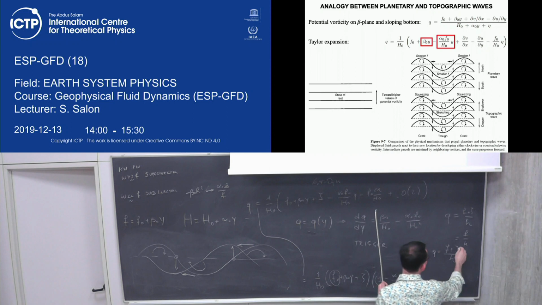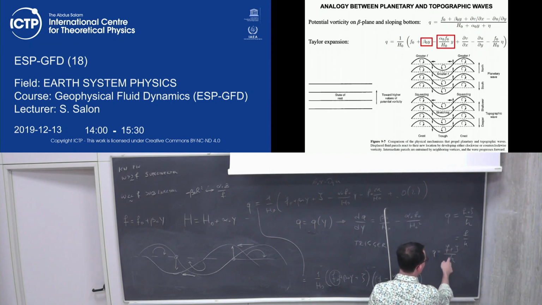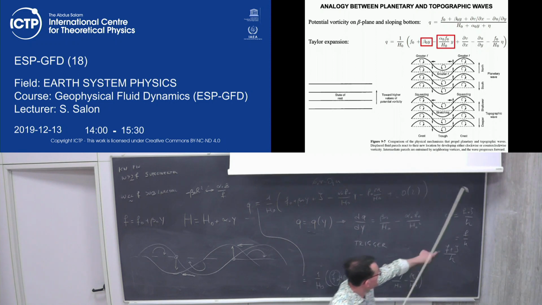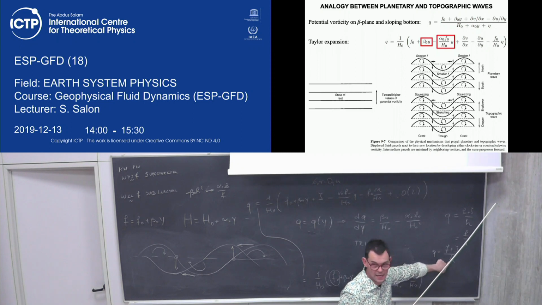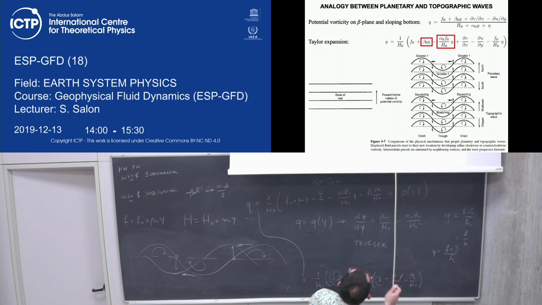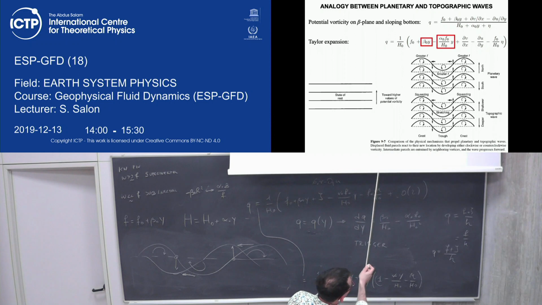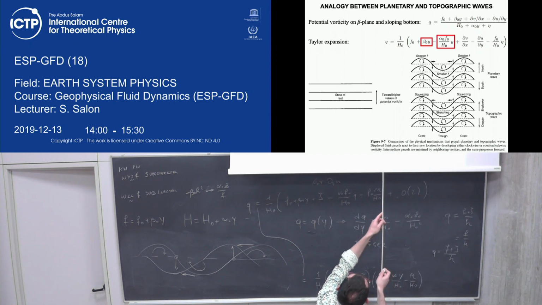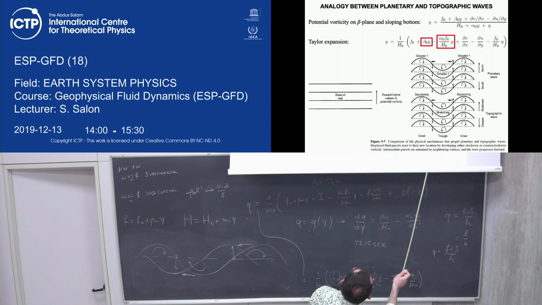Here, for the topographic wave, I consider, for example, zeta as constant, and I work only on F and H. So again, if I'm going towards north, I increase F. To maintain constant Q, I have to increase H. Sorry, yes, this is shallow.